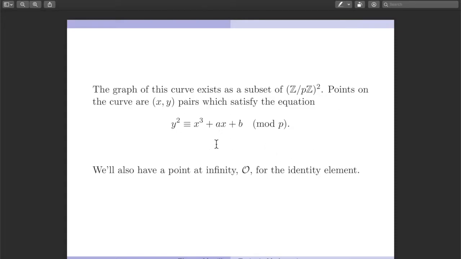So I would only be looking at x and y pairs, where x and y are both integers mod p, and they have to satisfy the equation y squared is congruent to x cubed plus ax plus b up to a multiple of p. So this entire thing is taken modulo p. I'm working with a different group setting here, and I need to be using that in my definition of the elliptic curve as well.